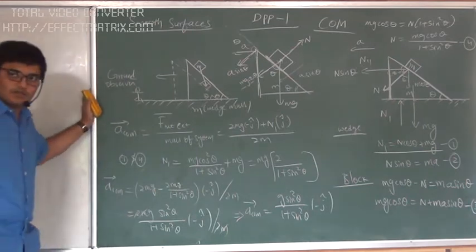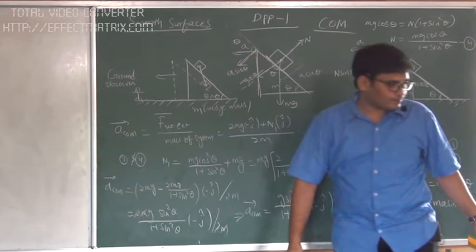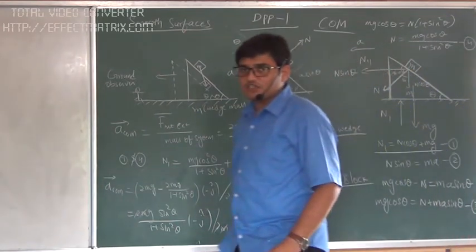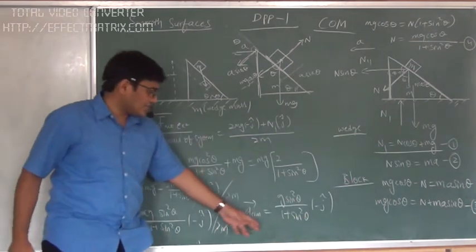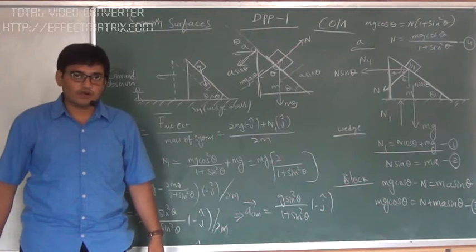Is it clear? So you can see the options. How much did we get? g sin square theta upon 1 plus sin square theta. Is it clear or not?